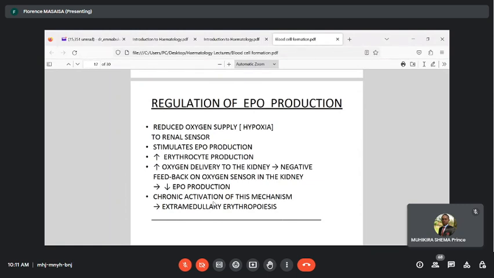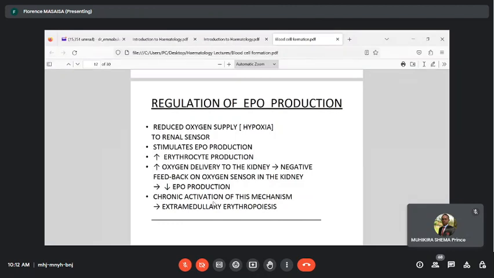the activation of the process I'm saying, we have seen that erythropoietin is produced when there is hypoxia, poor delivery of oxygen to the tissue, because hemoglobin is transporting oxygen, right? The mechanism of erythropoietin is regulated when there is hypoxia to the renal cells, so it stimulates them to produce erythropoietin.